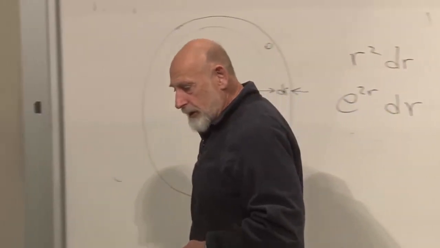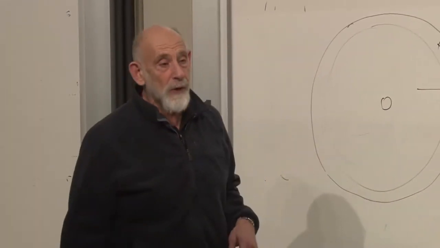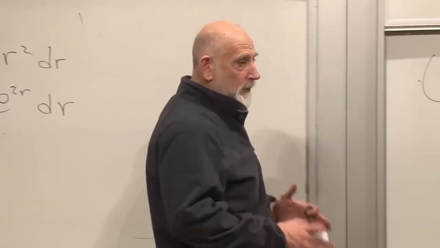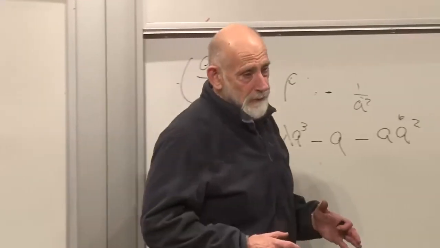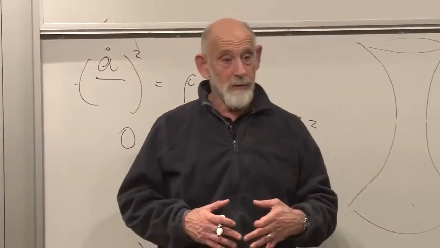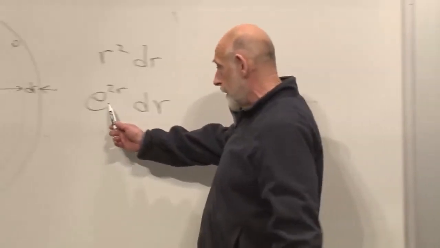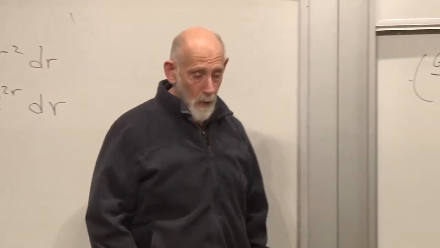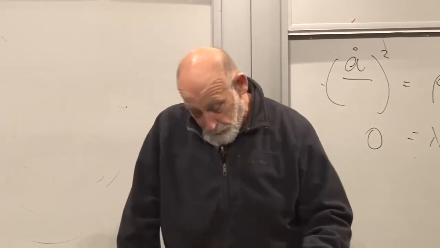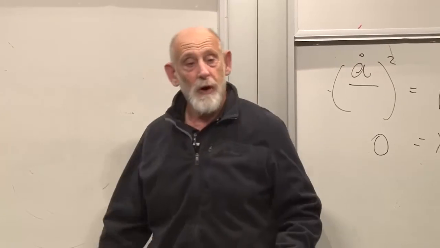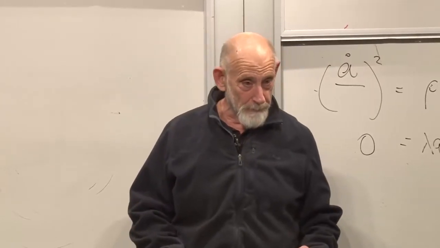So in particular, you could ask, what about luminosity as a function of redshift? And you would find a characteristic behavior of the luminosity as a function of the redshift, which would say the luminosity really gets small fast because of this e to the 2r here. So that's pretty much the way of determining whether k is +1, -1, or 0.